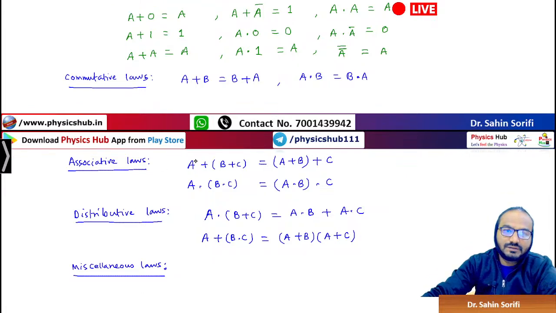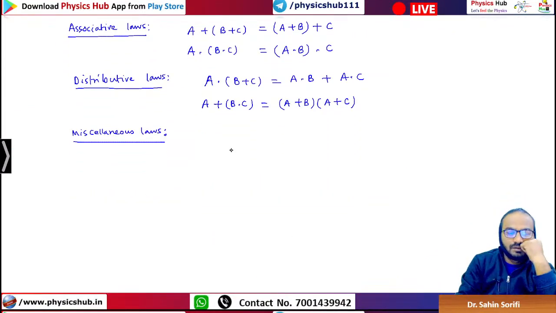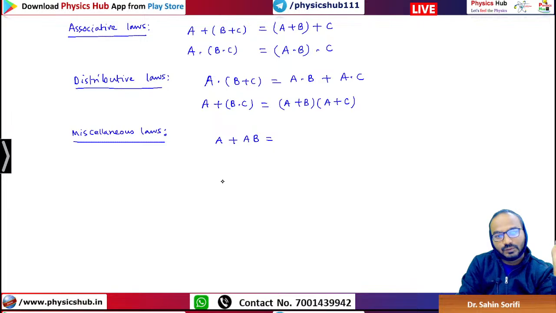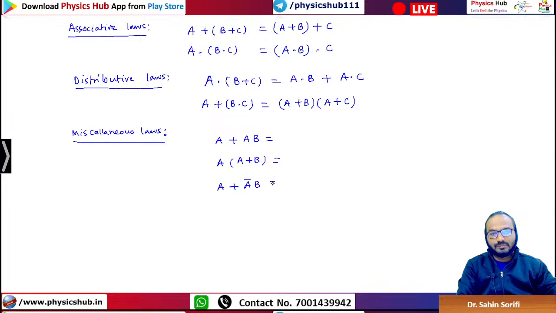There are some miscellaneous laws. For example, if you add A and AB, what do you get? If you multiply A with (A plus B), A plus A complement B, A into (A complement plus B).